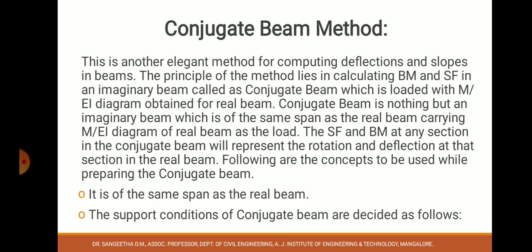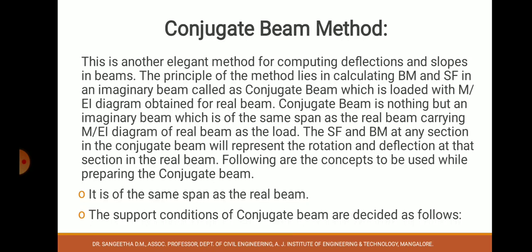Based on that M/EI diagram, the bending moment and shear force at each and every point on the beam give the deflection and rotation. The shear force in the conjugate beam will be the rotation in the real beam, whereas the bending moment in the conjugate beam will be the deflection in the real beam.